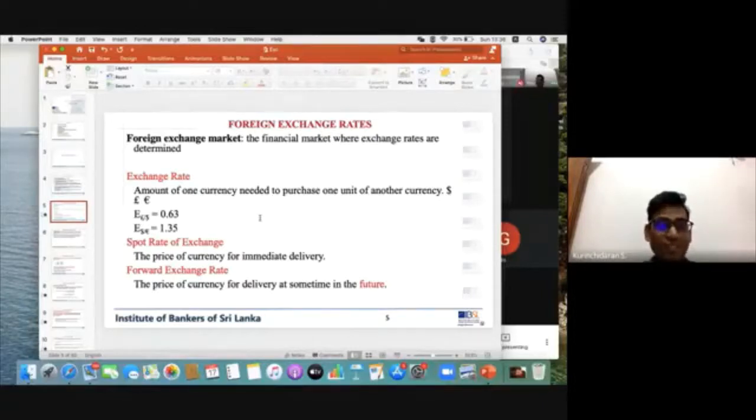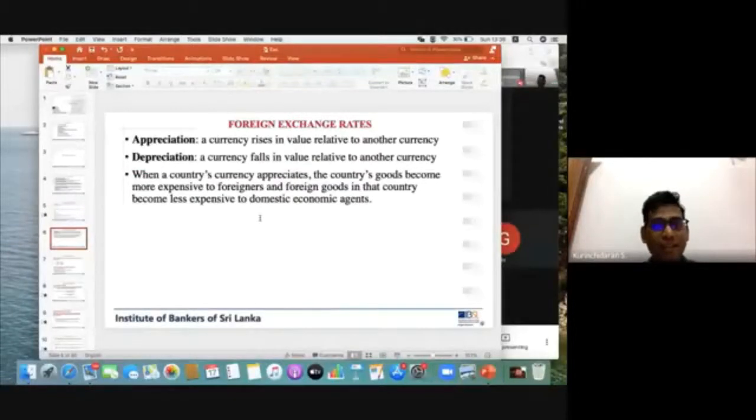So forward exchange rate means the price of a currency for delivery at some time in the future. Like today you determine the exchange rate, but delivery will take place in the future, right? So even though we say spot rate, there can be a forward exchange transaction, and you can ask for a forward exchange rate. Clear? Okay.